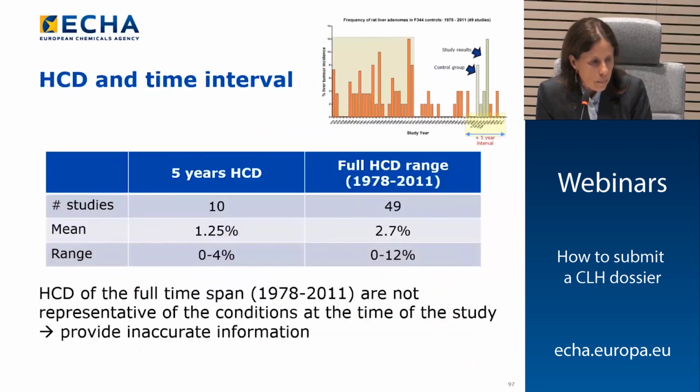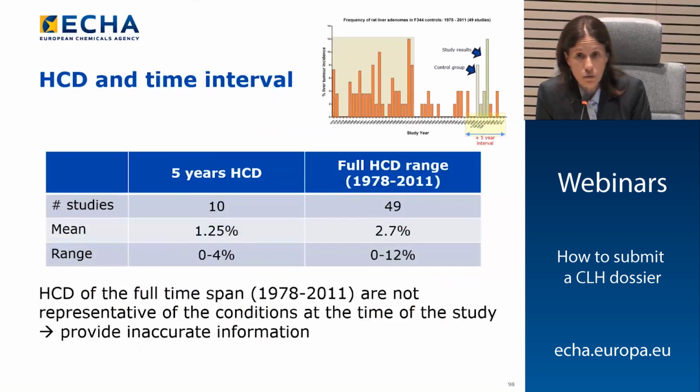So what can we see? Let's look at a bit more of the numbers. The mean is more than double in the full historical control data range compared with the 5 years around when the study was conducted.